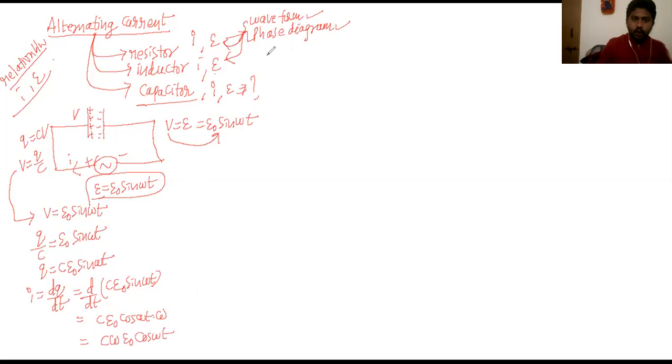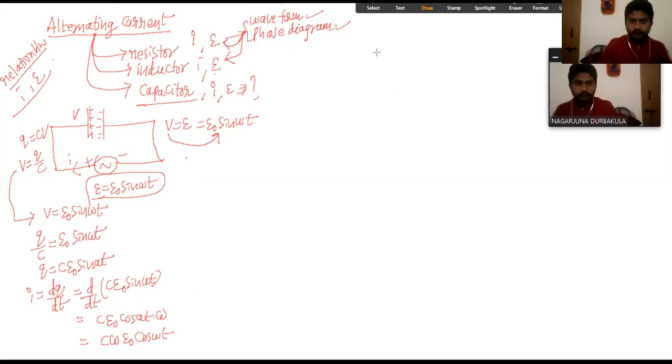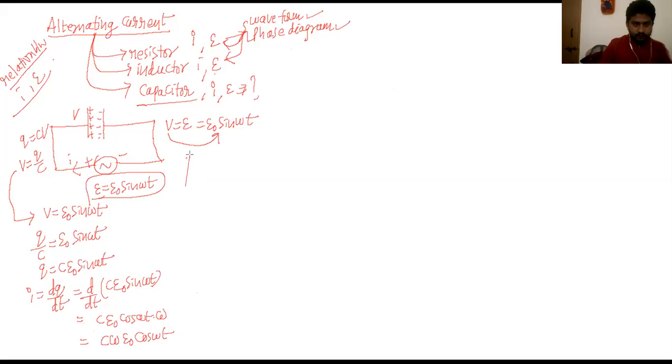I can also write this as I is equal to E naught divided by 1 by omega C. No confusions, right?